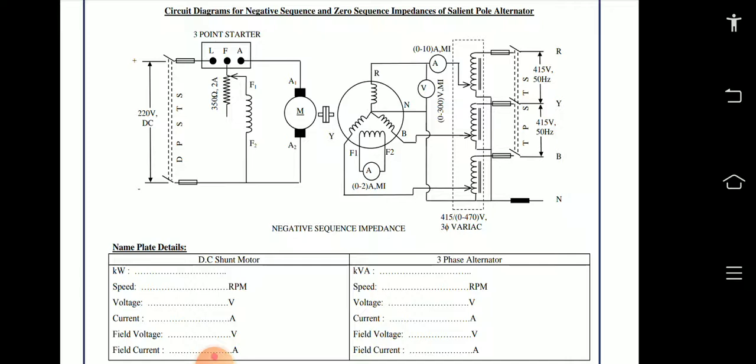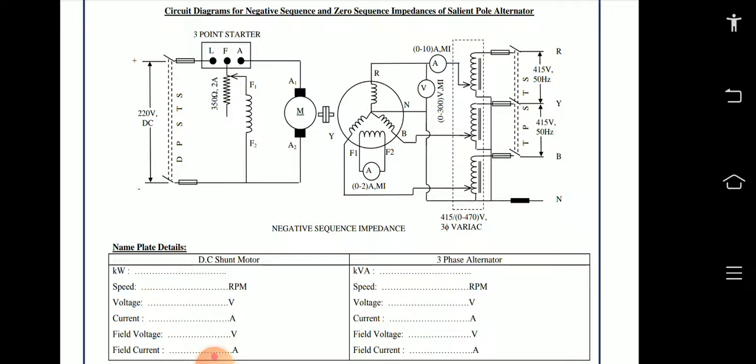It has L, F and A terminals: L will be connected to one phase of the DC supply, F will be connected to the rheostat, and A will be connected to the armature of the motor.